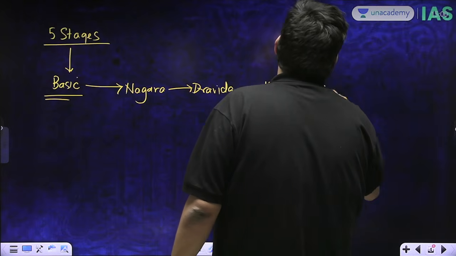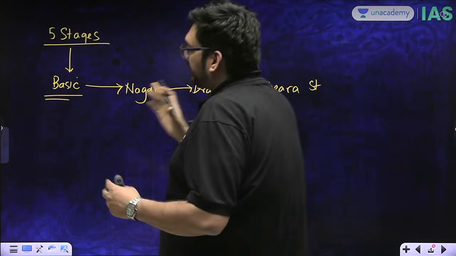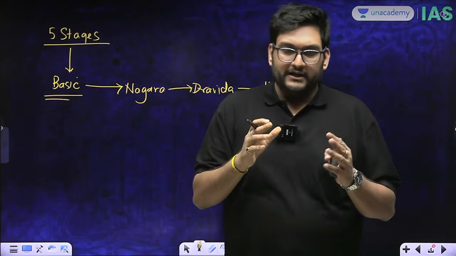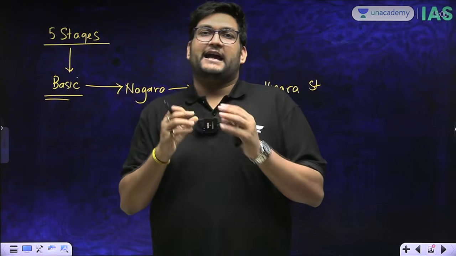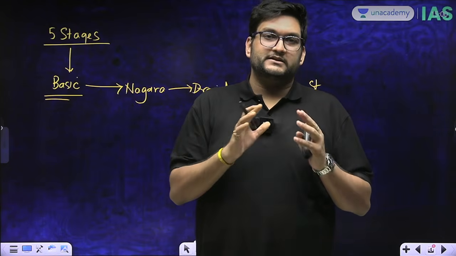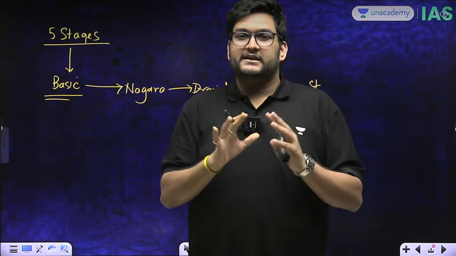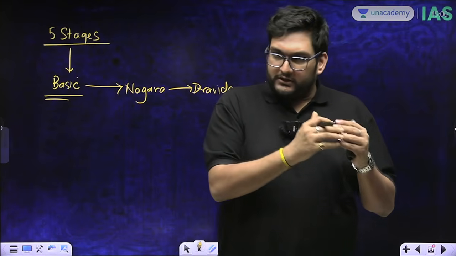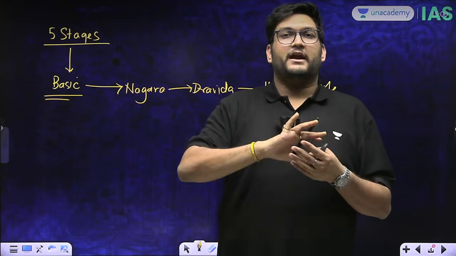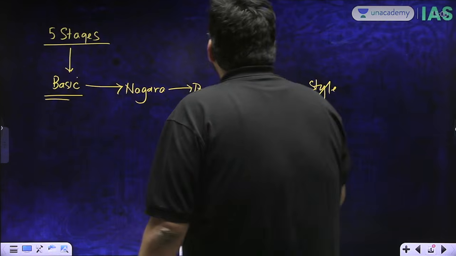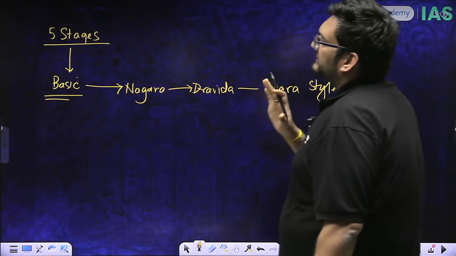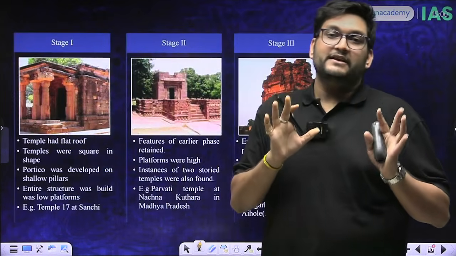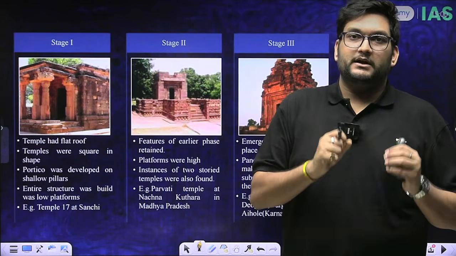If we understand these 4 to 5 things properly, then we can easily answer any of the questions in the examination. It is very easy for us to answer it through the terminologies and even write the evolution in that regard. So let's first discuss the 5 stages of temple development.